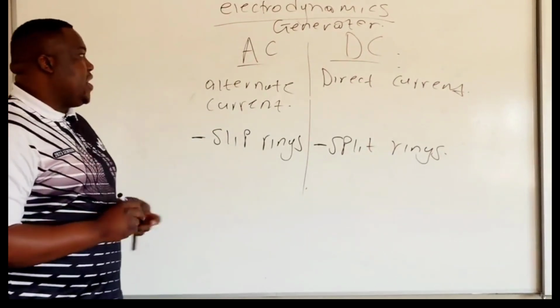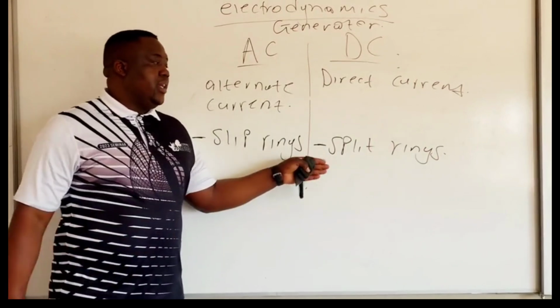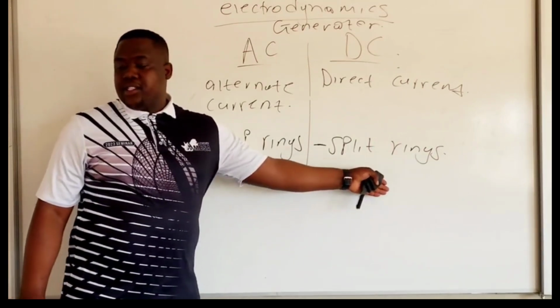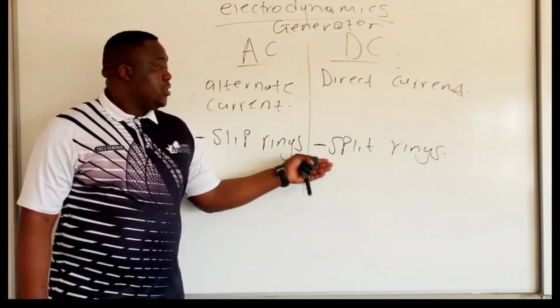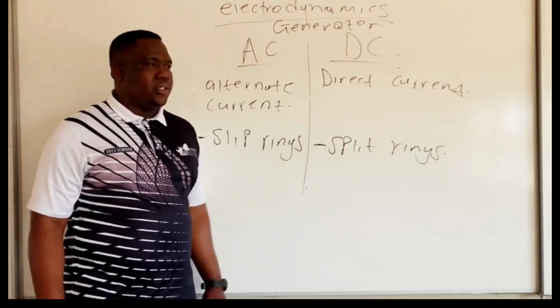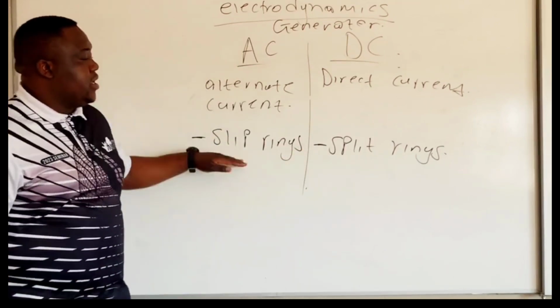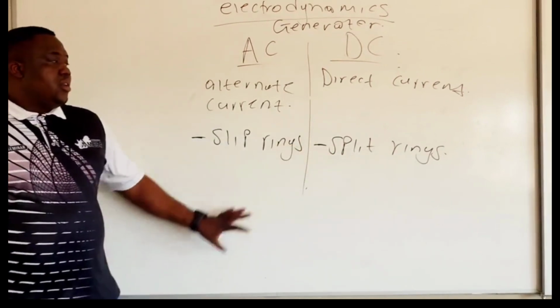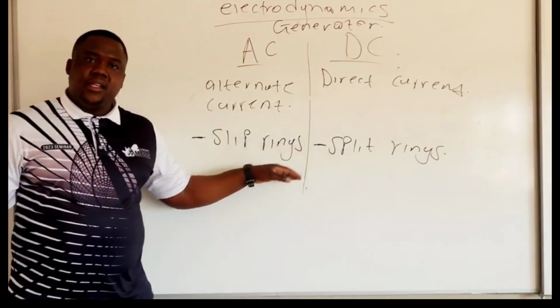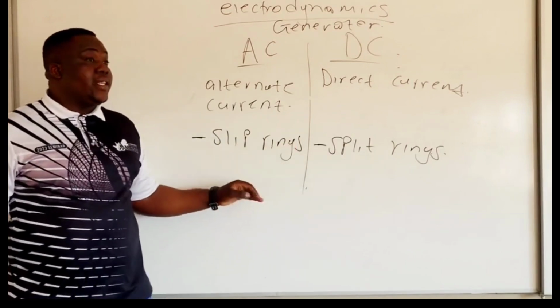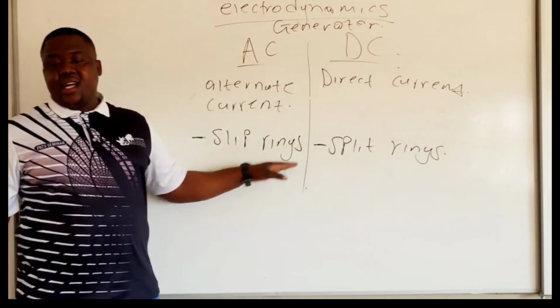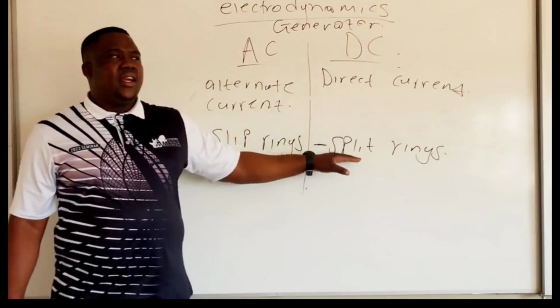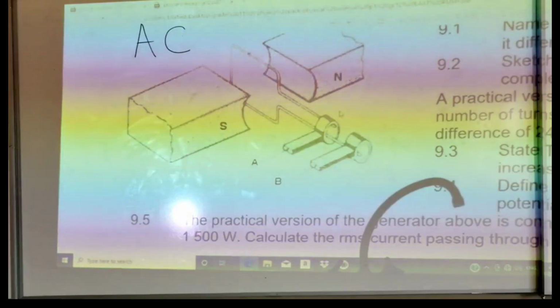So AC has got slip rings, DC has got split rings. What am I saying? AC, slip rings; DC, split rings. So this is the main difference. And the exam guideline requires us to explain everything.